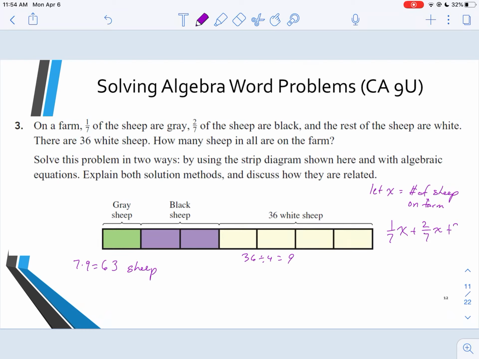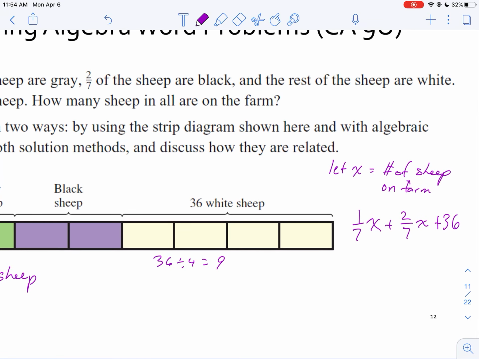We know that 2/7 of x are black, and we know there's 36 white sheep. And so that is the total amount of sheep on the farm. So this is one way of doing it with algebra. x equals 3/7 x plus 36.